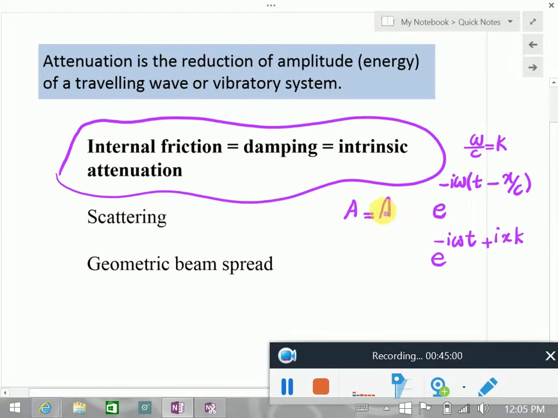So, if we take attenuation into account, then we have another term added, which can be written in x. This is for viscous damping.